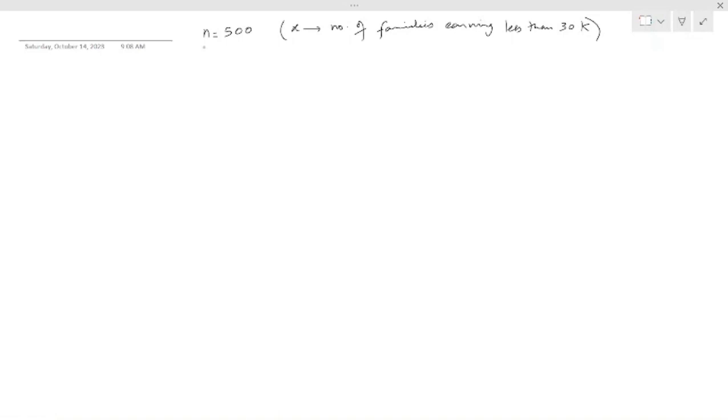Let's suppose that when we have counted the numbers in the sample, we have found that X has the value 275.